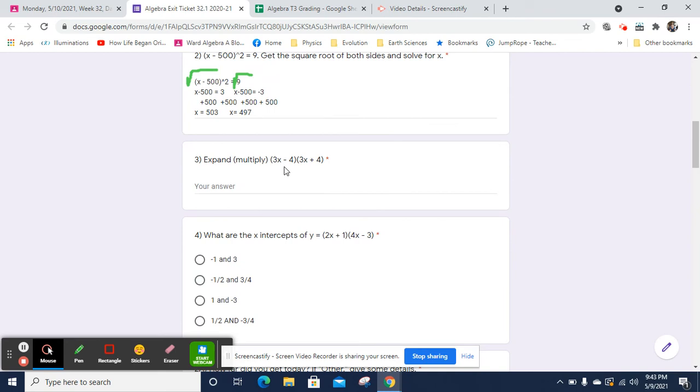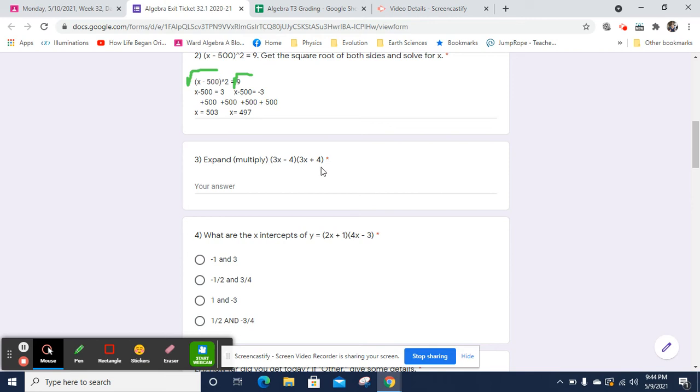Now we're going to expand or multiply this one. And this happens to be the difference of squares structure, but you could do it from the level 2 stage of things. But if you notice that you have the same two things in two factors, in one case being subtracted, in the other case being added, then you are going to have a cancellation of the middle term.